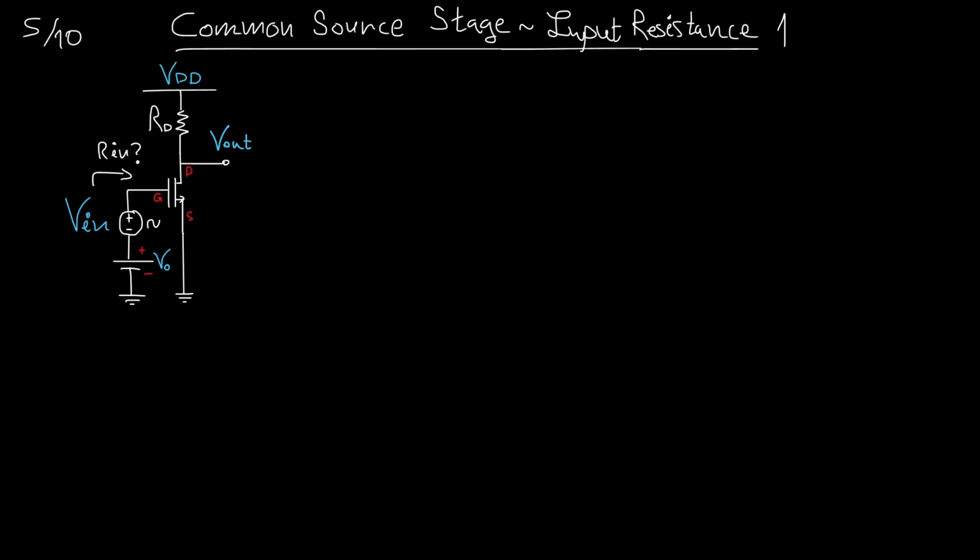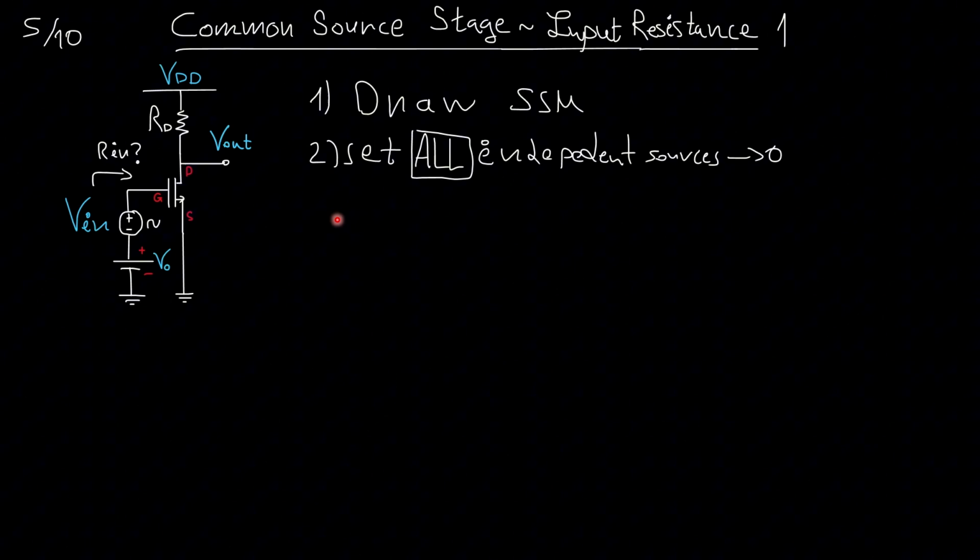On to studying now the input and output resistance of the device, we are asked to find what is the input resistance from here to here. This is the input resistance because here is the input signal. Well, for this, we have to draw the small signal model and be careful now. We must set all independent sources to 0.